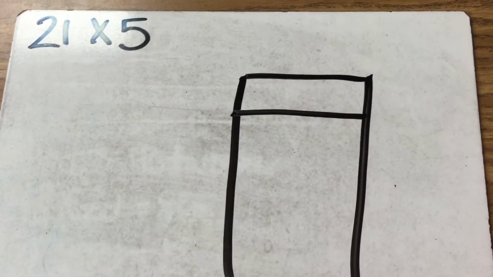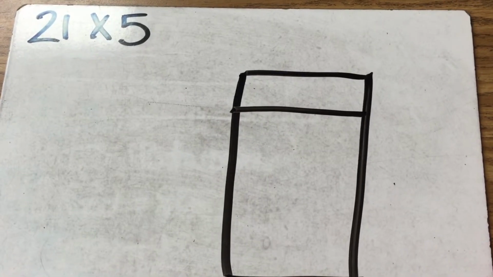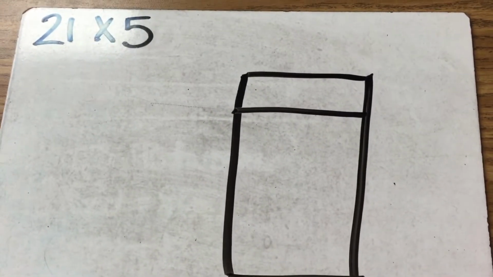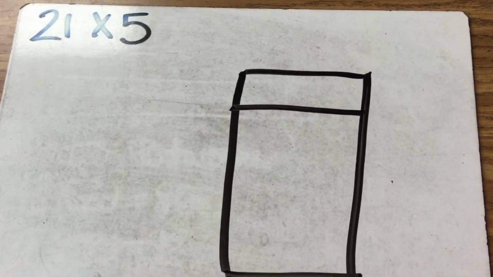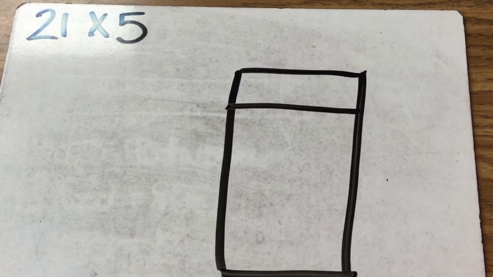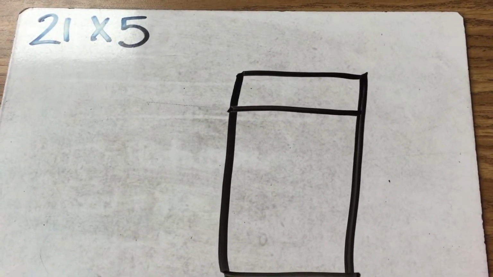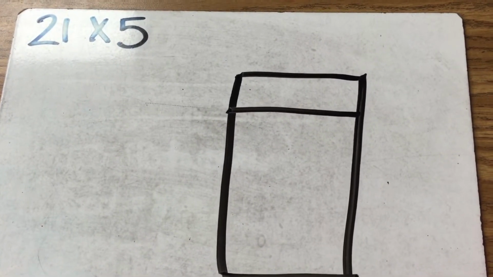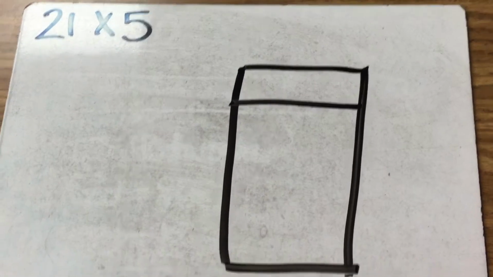In class we call this visual model a box model or an area model. To use the area model, you must know how to label numbers in units. So 21 has groups of tens and ones.